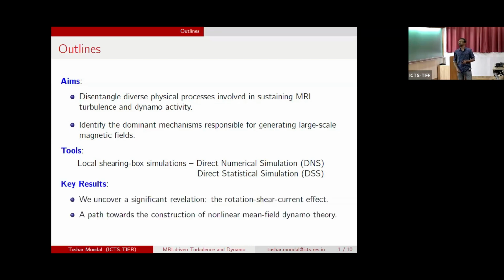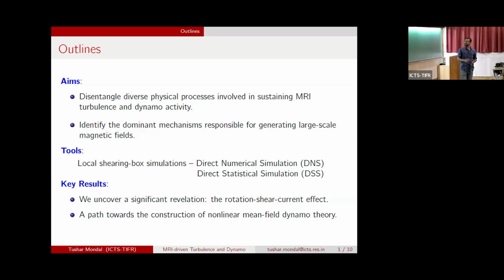The main key result is that we found a new dynamo mechanism, which is more generic for differentially rotating flow or accretion disks, known as the rotation shear current effect, which is fundamentally different from the traditional picture like the alpha-omega dynamo.